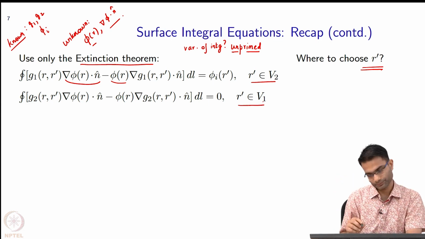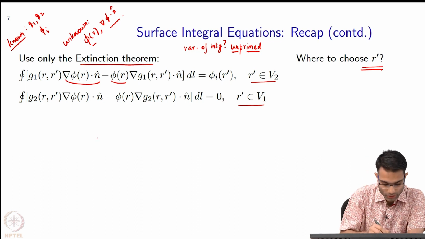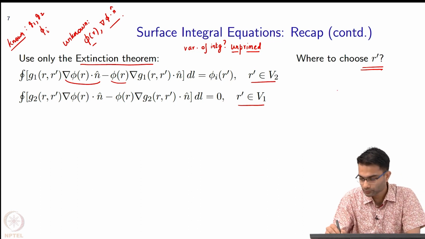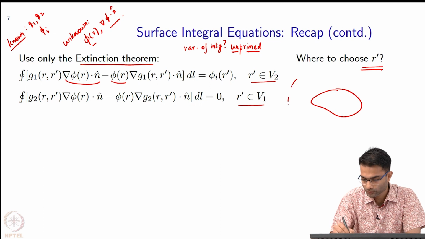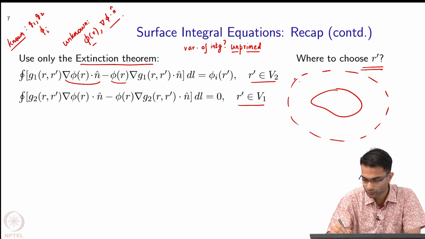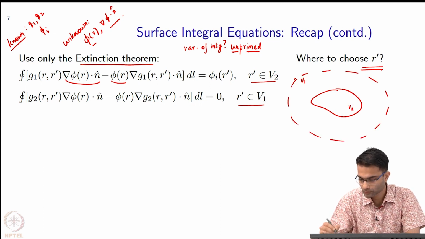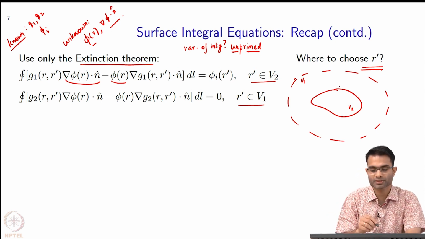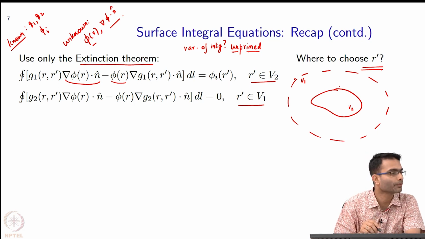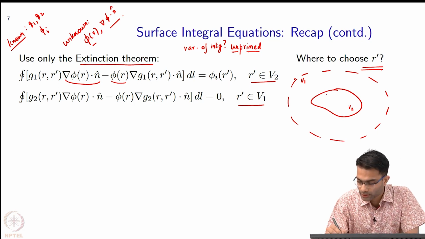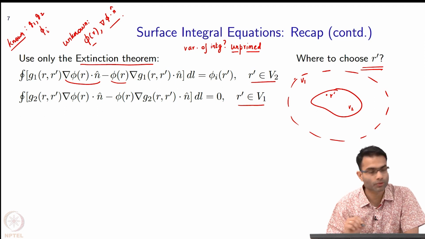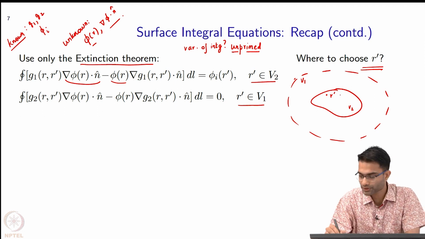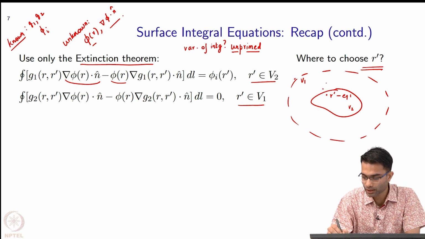So let's look at this. Let's draw this again. For the first equation, it says r prime must belong to V2, right? So this is where r prime should be for equation 1, and this is where r prime should be for equation 2.